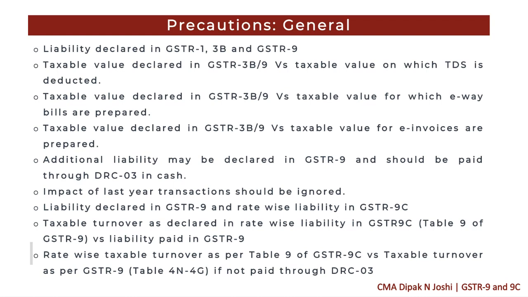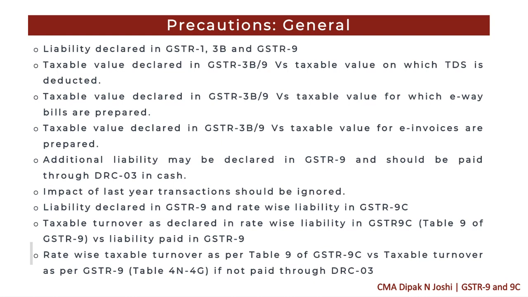And particularly when your GSTR 1 is more than GSTR 3B and 9, the department will issue you a show cause notice, right? So one should ensure that all the liabilities reported in GSTR 1 match with 3B and with GSTR 9 also.